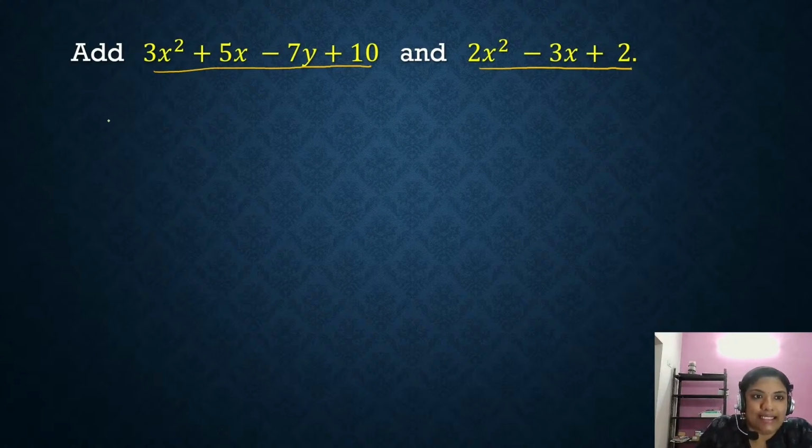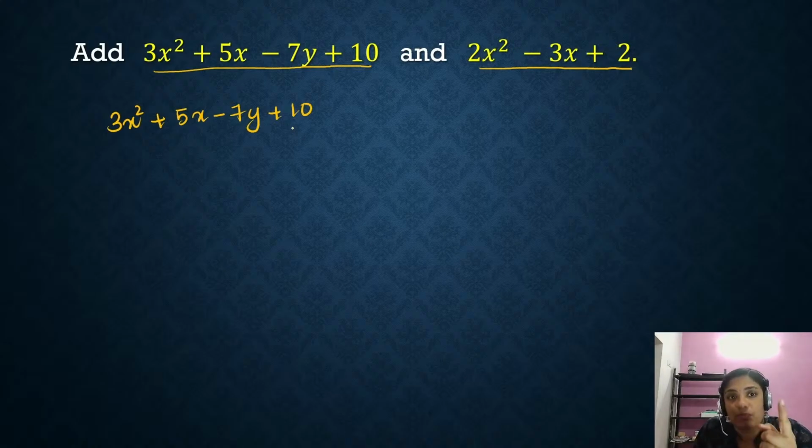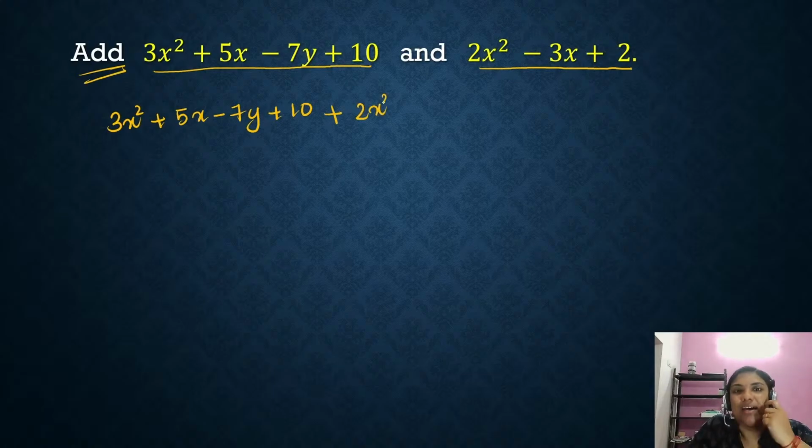So let's add these two expressions. 3x square plus 5x minus 7y plus 10. And we have to combine the first and second expression using which sign? Addition, right? So, plus. Now, 2x square minus 3x plus 2.